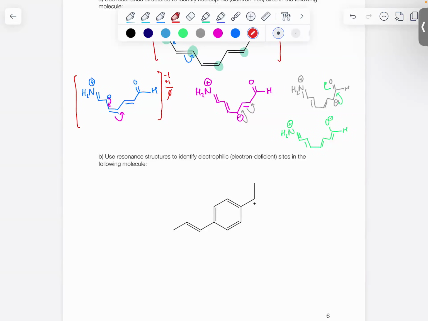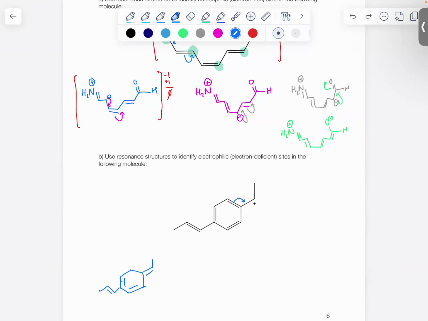So what do we have close by that is a source of electrons but a double bond? So we can start by moving our double bond over. And now the electron that was here has gone away.